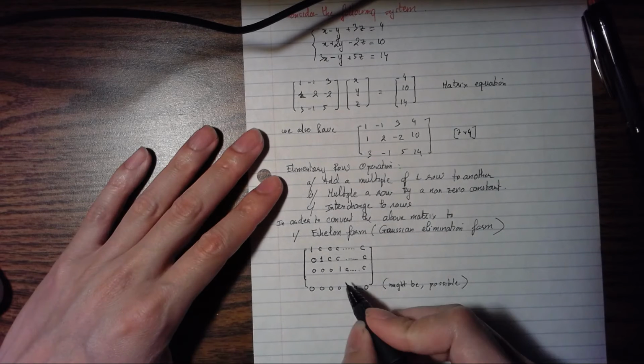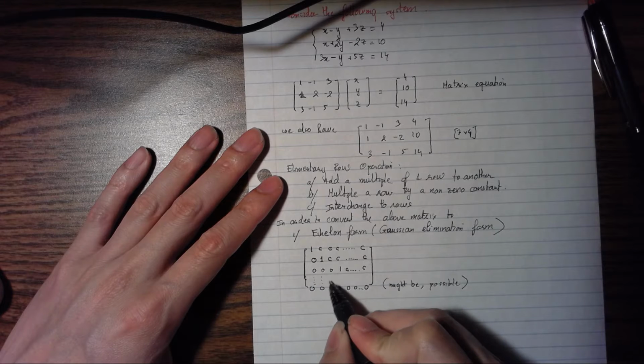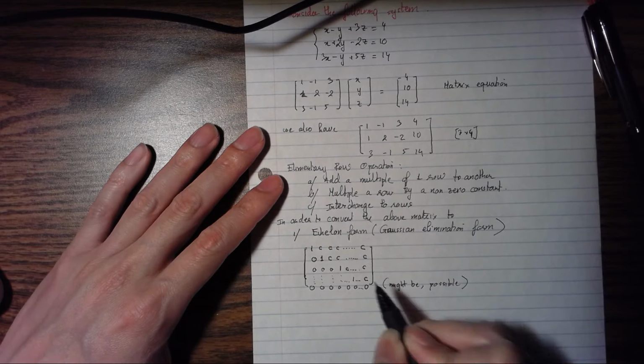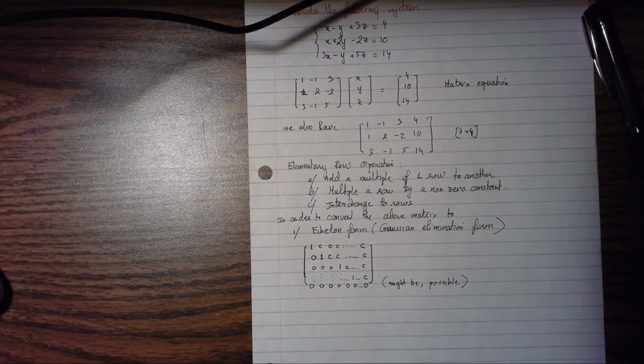For example, over here could be like this, and over here could be 1 here, and C here. It's always on the right hand side.